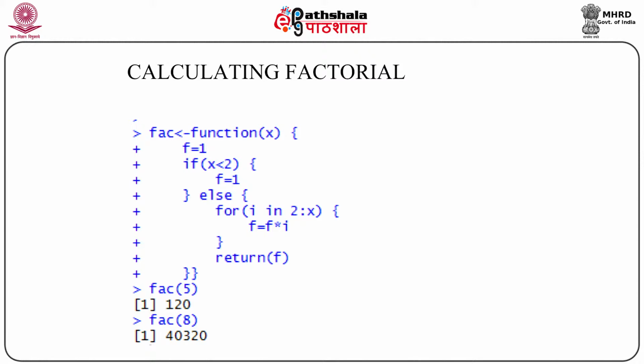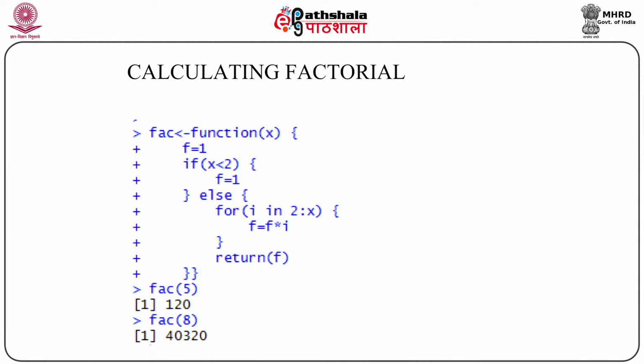And then we are asking to return f. So basically what we are doing is that we are starting with 2 and multiplying each of the values up to x with the product of its previous values, and we are getting the factorial of x.